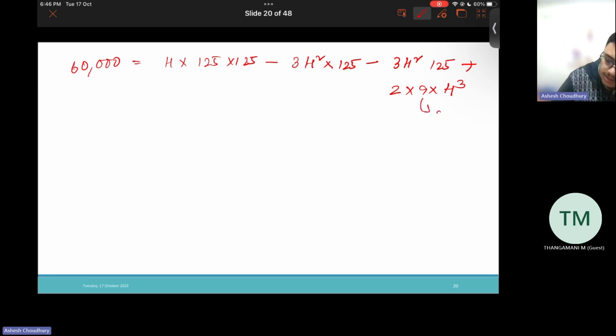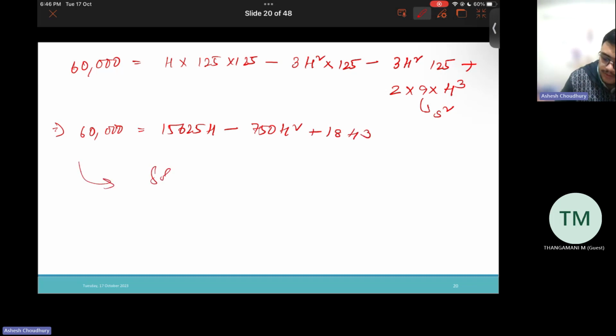S square is 3 square, 9. So equal to 60,000, plus 15 H cube.